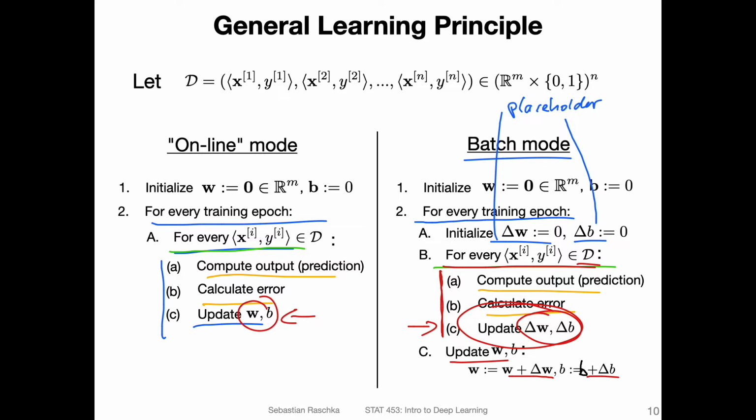The disadvantage is it's a slower mode of updating because you do only one update for each training epoch, and on the left-hand side you do multiple updates each epoch. So on the left-hand side you can think of it as maybe faster learning because there are more updates. On the right-hand side there are fewer updates. Each update takes longer because you have to cycle through the whole dataset before you make an update, but the update will be more accurate.